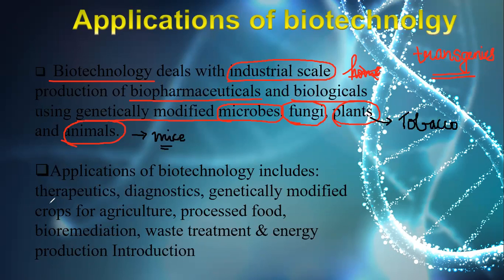So the different applications of biotechnology are therapeutics and diagnostics. In diagnostic techniques, there is PCR, polymerase chain reaction, a technique used to identify or test for HIV virus in suspected patients or used in the treatment of cancer.